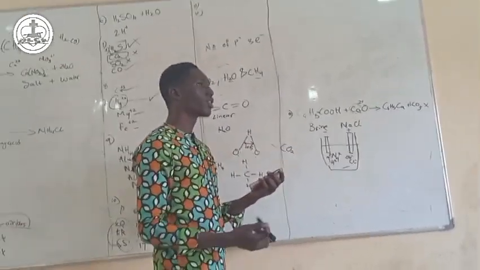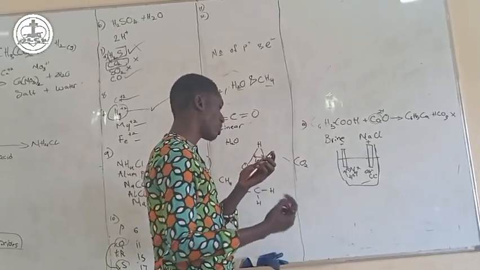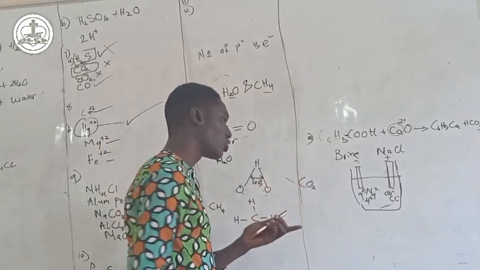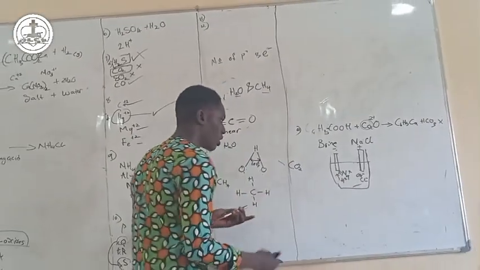So the gas that is given off at the negative electrode is hydrogen. This is the reaction for it.